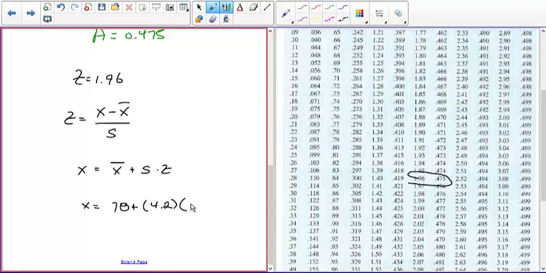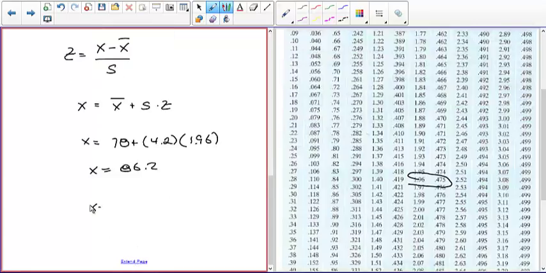The z-score was 1.96. So that'll give us the upper number, and if we subtract 4.2 times 1.96, we'll get the lower number. So 78 plus 4.2 times 1.96 is 86.2.